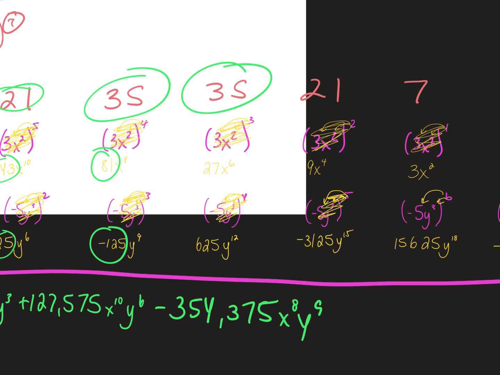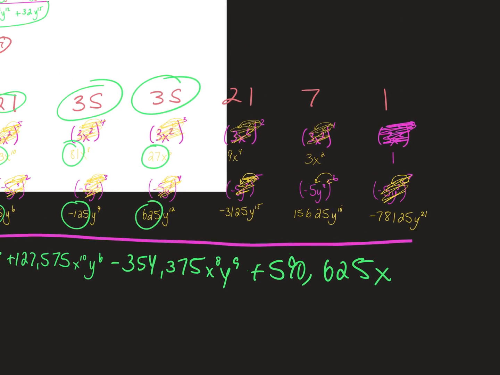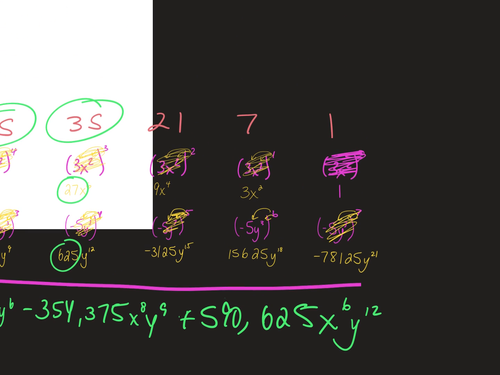Now I have 35, 27, and 625. So 35 times 27 times 625 is 590,625. Okay. So plus 590,625. What are my letters? X to the 6, Y to the... Good. Very good. Just take your time.